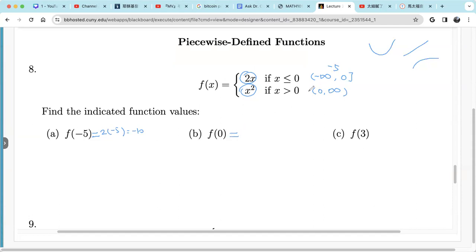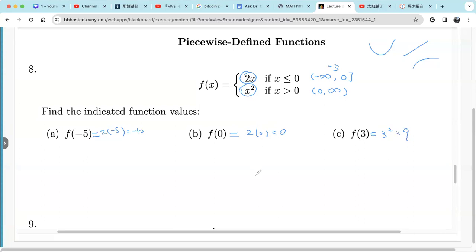F of 0, 0 is also in the first interval. It's an endpoint. 2 times 0 is still 0. F of 3. 3 is in the second interval. In the second interval, we evaluate with x squared. So that's 3 squared, which is 9. Okay.